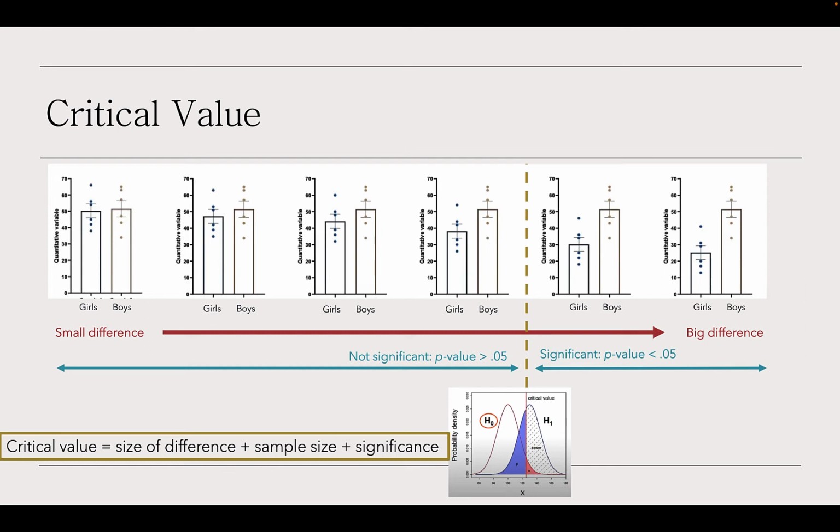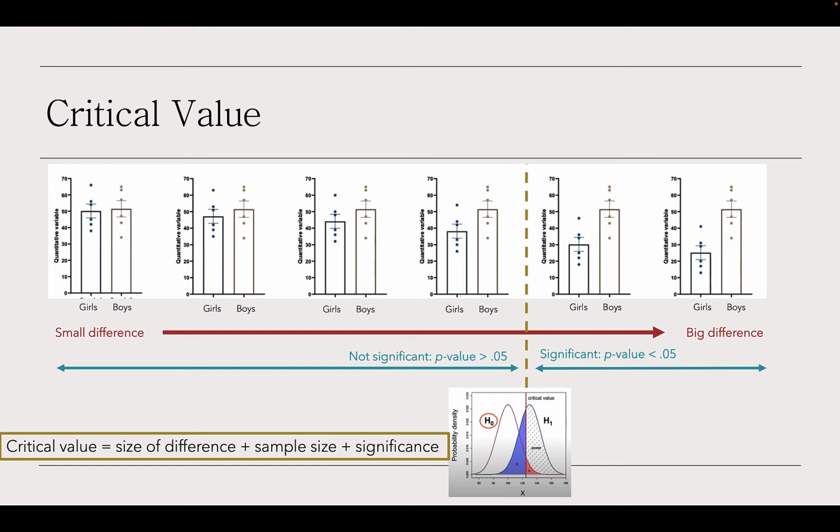The critical value is affected by the size of the difference, the magnitude of the effect, okay? How different are these 2 means, let's say? The sample size and the significance that we're using, all right? So obviously 0.01 as an alpha really pushes that gold dashed line, that critical value, further to the right, okay?